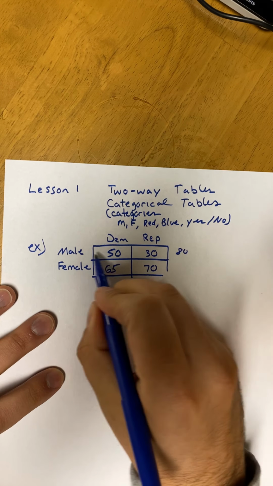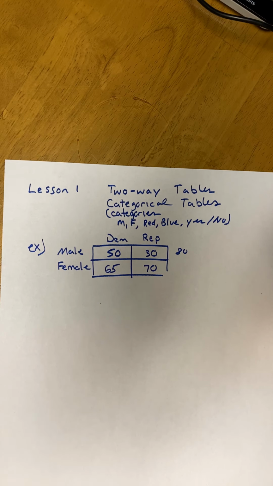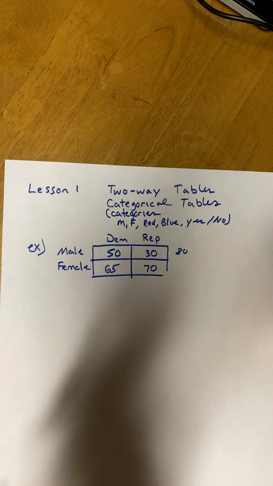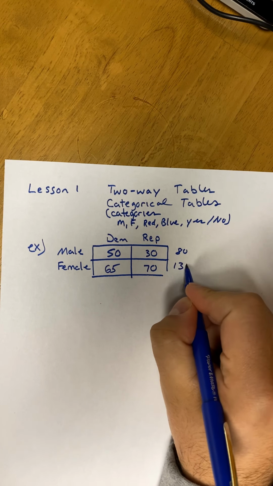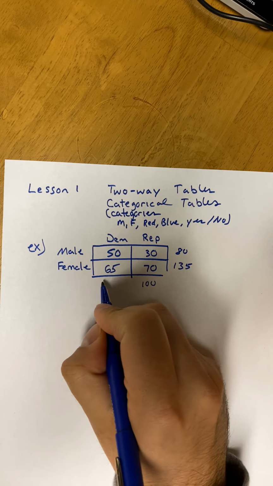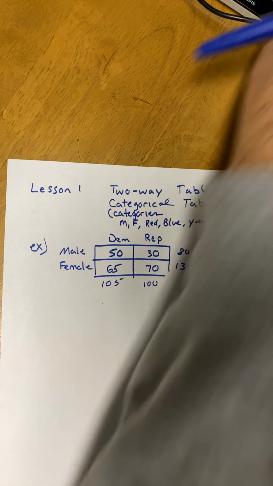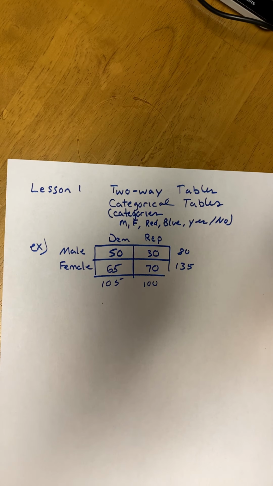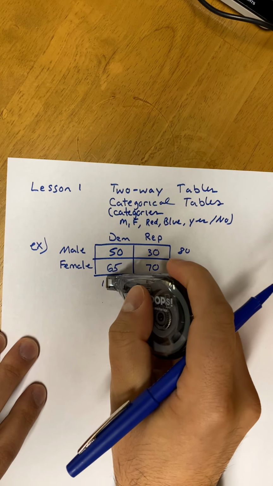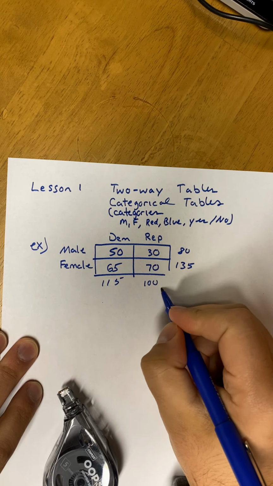So here are the totals. There's 80 males, 135 females, 100 Republicans and 115 Democrats. So right here is the grand total.